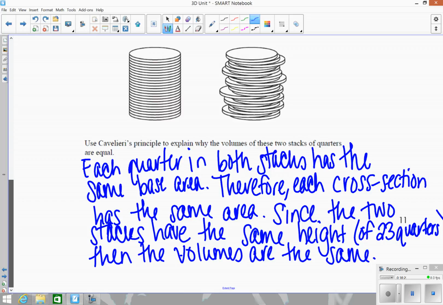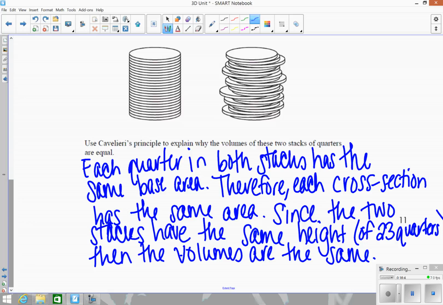So that's the idea. The fact that each quarter has the same area would mean each cross section has the same area. That means that the volumes have to be the same because the cross sections are the same and the heights are the same. The volumes would be equal.